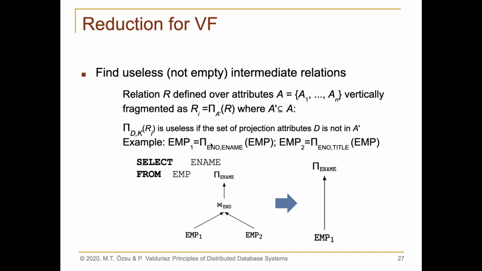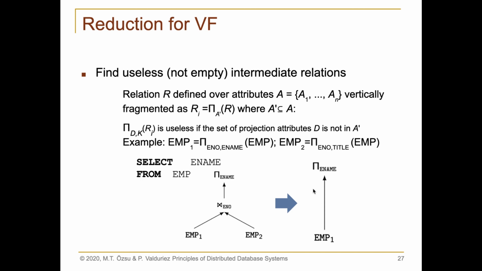So the rule that we discussed up there gives the impression that employee 2 might not be feasible to participate in this query. So we can simply eliminate employee 2 and come up with a reduced set of vertical fragments, which is specific to the query we have at hand.